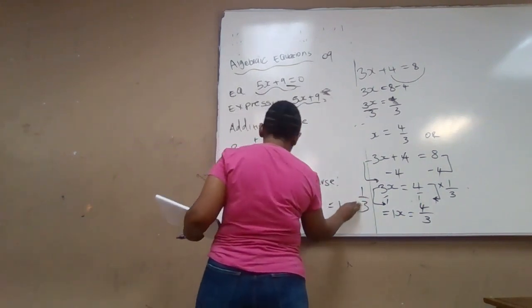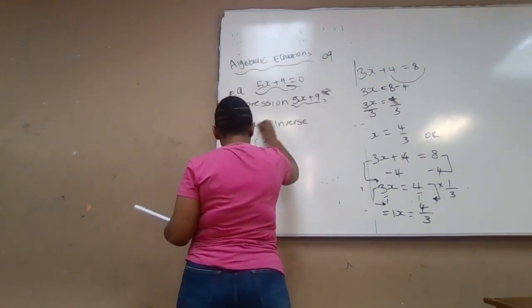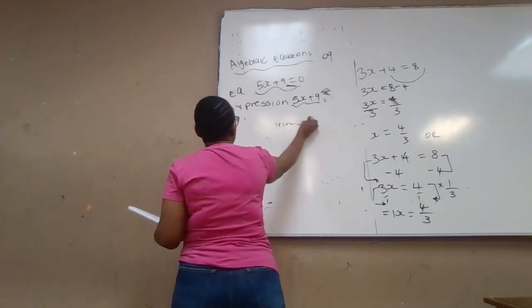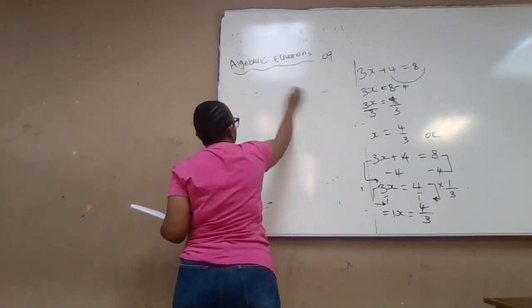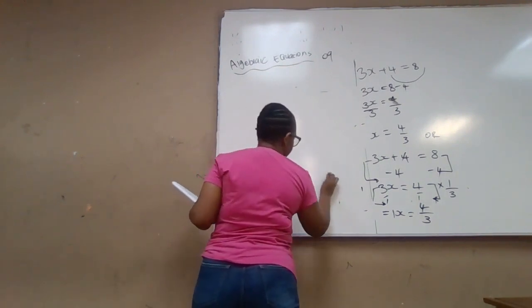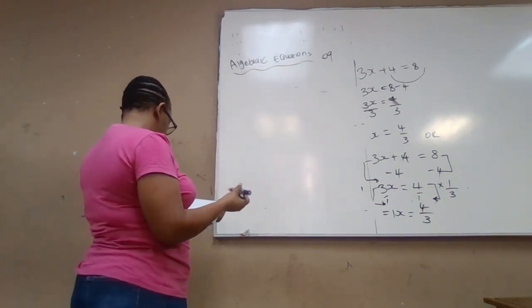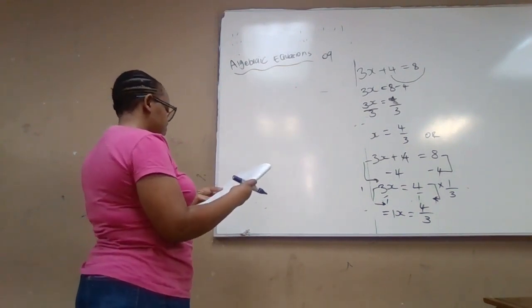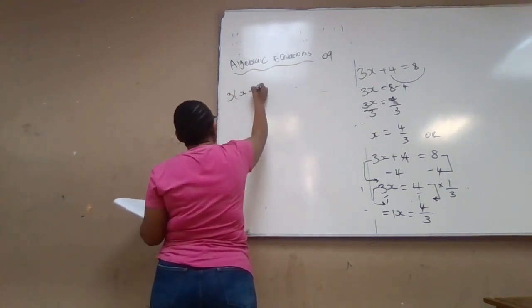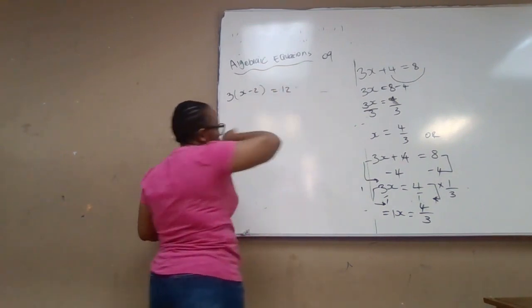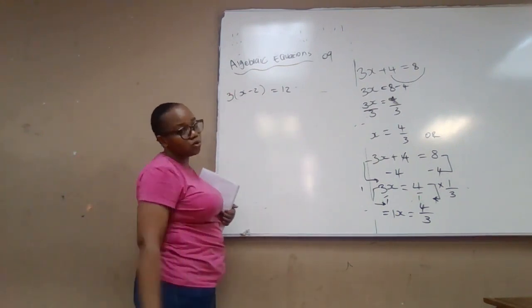Okay, let's try another example. We have 3 open bracket x minus 2 close bracket equals 12.